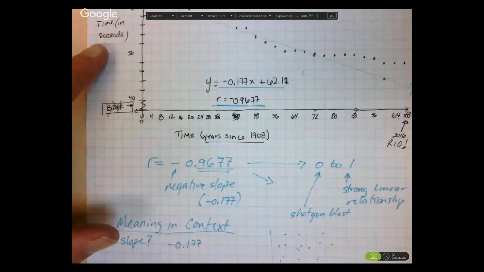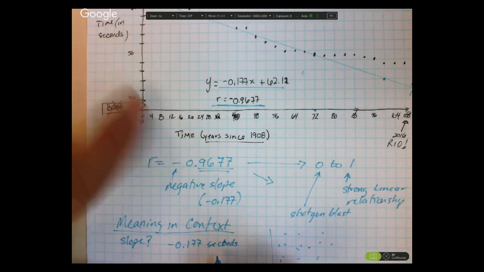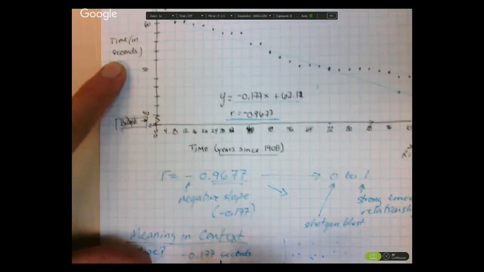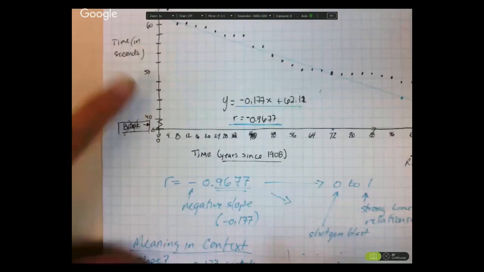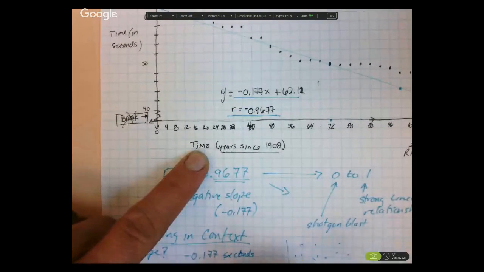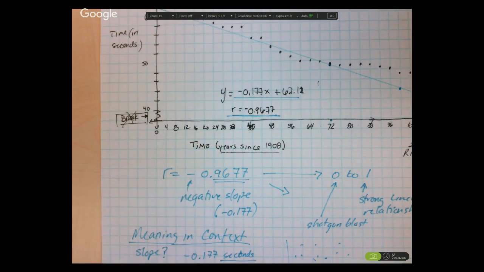So our y is time in seconds, divided by time, years since 1908.